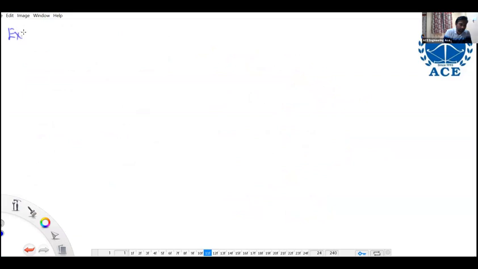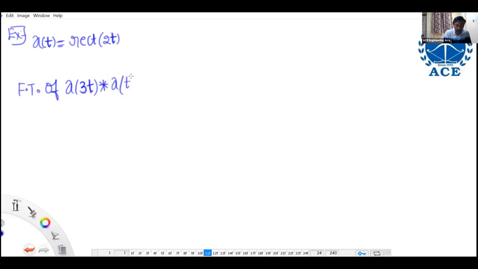Please answer this problem. X of t is given as rect 2t. We want the Fourier transform of X of 3t convolved with X of t by 3.